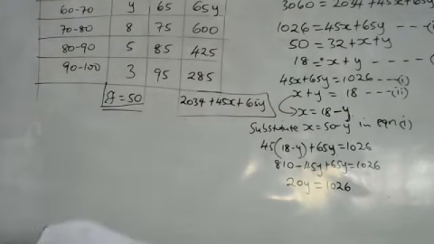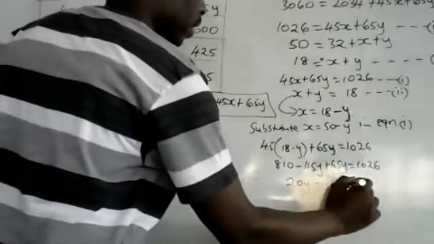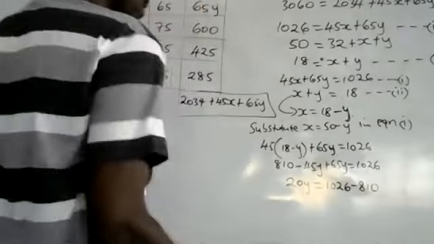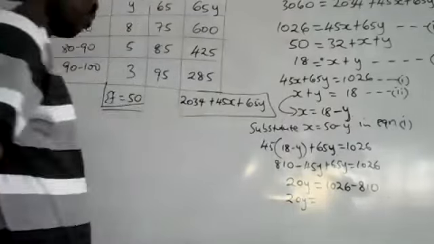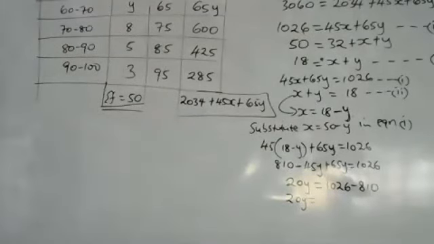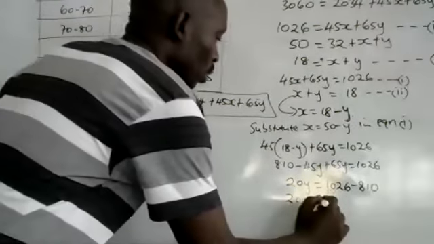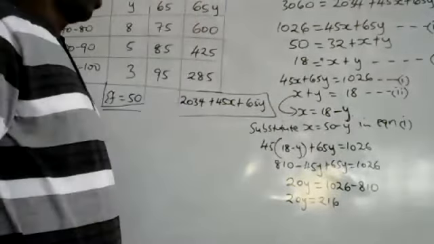So 20y, this one will go minus 810. So 20y is 1026 minus 810, which is 216.